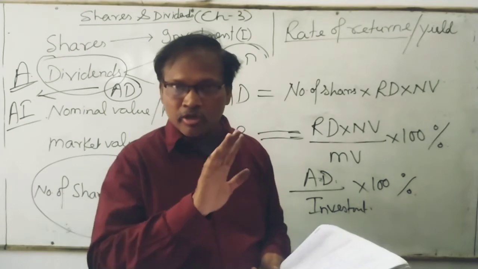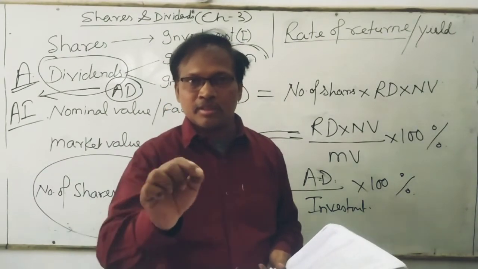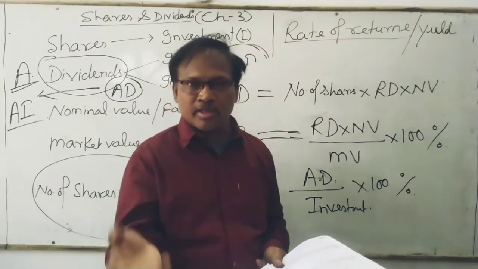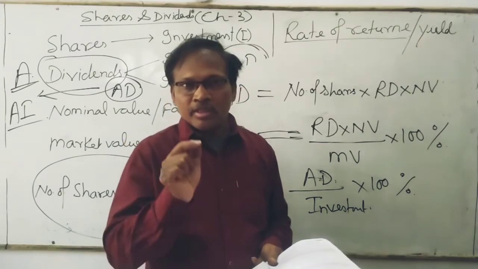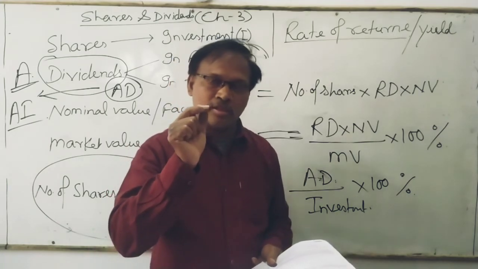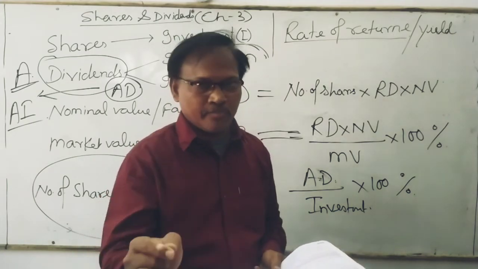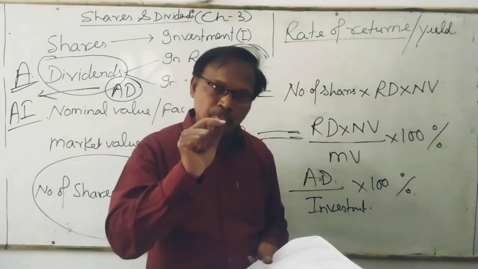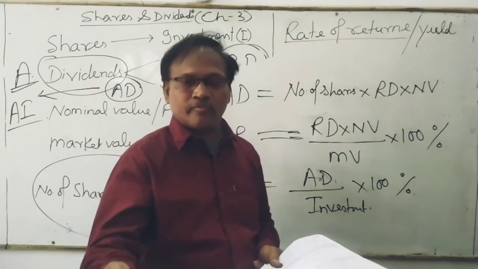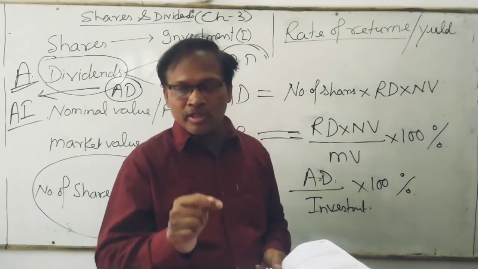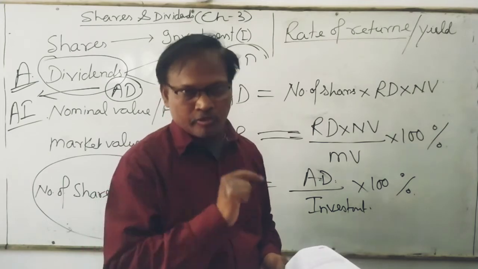Nowhere is it shown which one represents the nominal value or the market value. So I tell you, the rupees which is given before the term share, this you will take as nominal value, and the rupees which is given after the term share, you will take as the market value.